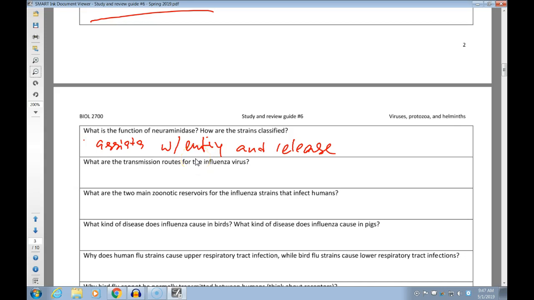Okay, transmission routes. Respiratory. Main zoonotic reservoirs for human influenza: pigs and waterfowl. Kind of disease in birds, GI. In pigs, respiratory.